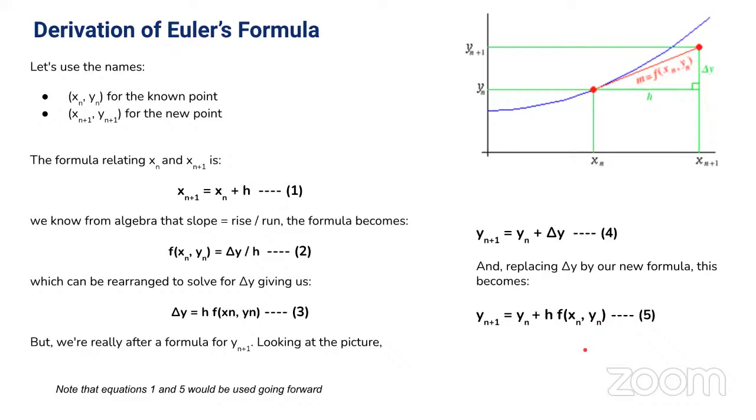Equations 1 and 5 are the basic Euler's formula that we'll come across. Those are the two equations that we'll be using to generate the next values as we step through and try to get our approximations. So now let's look at an example and see how these formulas are applied.